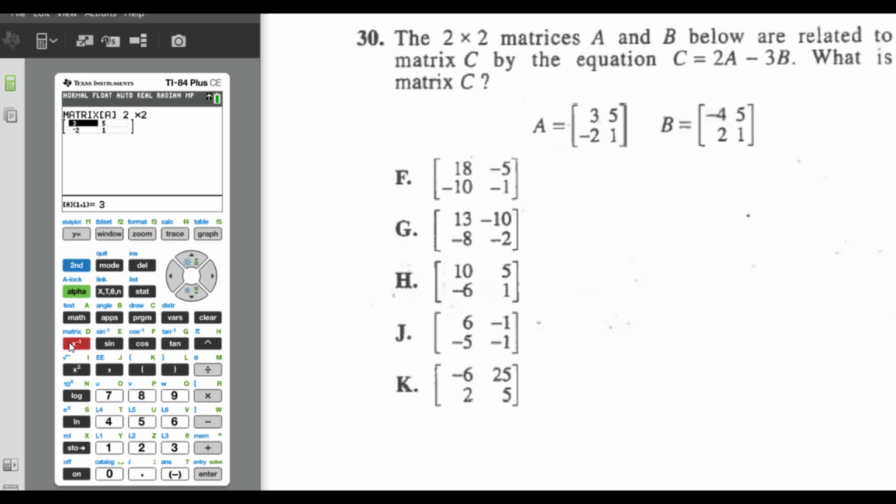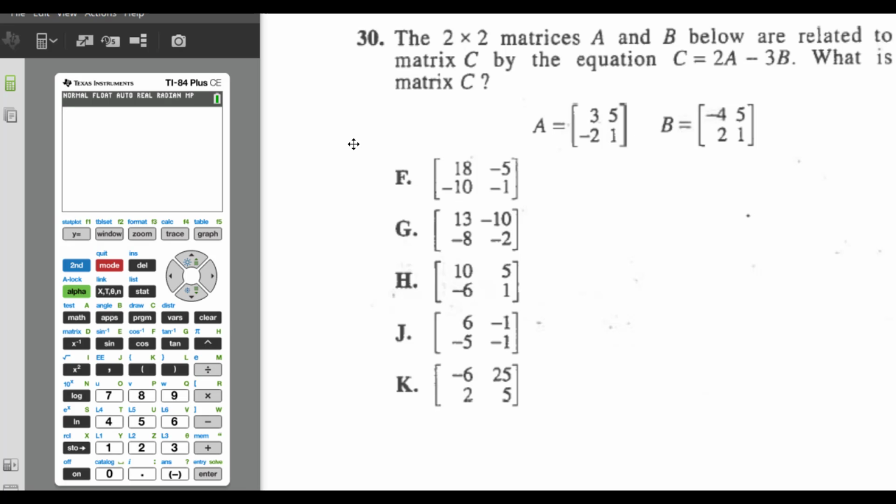Again, I'll go back to second matrix, go over to edit and down to matrix B, enter. It's already 2 by 2, so I'll just hit enter on the 2s. All right, starts off with a negative 4, enter, 5, enter, 2, enter, 1, enter. And so now they are in there.